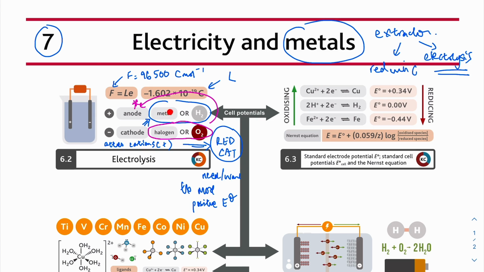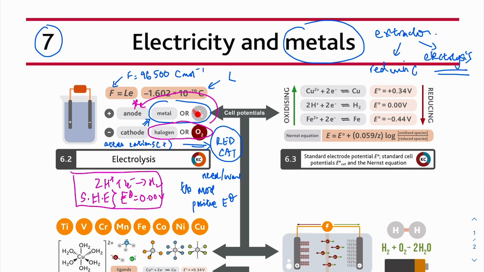So when you look at the metal cations and H plus, the H plus plus 2 electrons going to H2, that by default is your standard hydrogen electrode, which is 0.00 volt. And for most reactive metal cations, the E naught will be negative. Because this is more positive, this will be favoring reduction at the cathode.